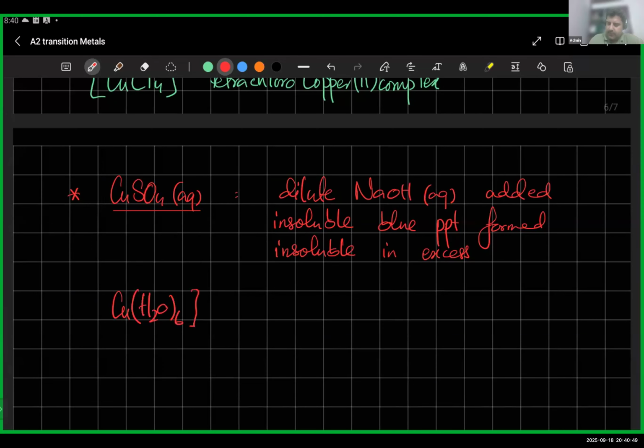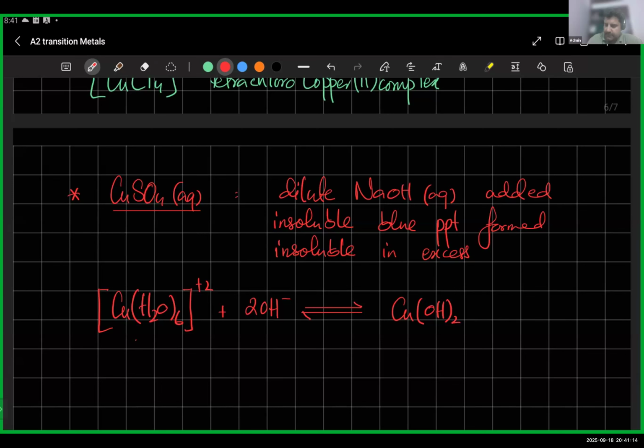So I'm going to write the equation. That's +2. You're adding OH minus ions to it. The OH ions combine with the copper ions and form a pale blue solid precipitate.